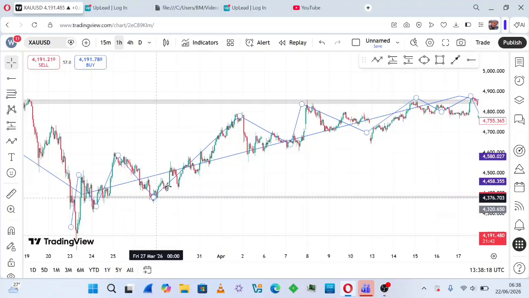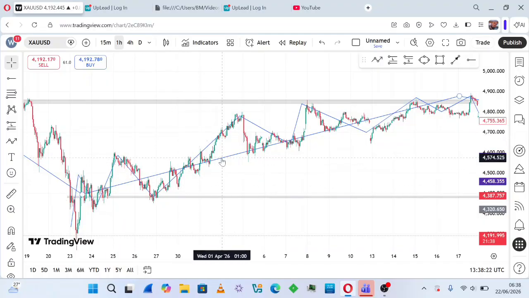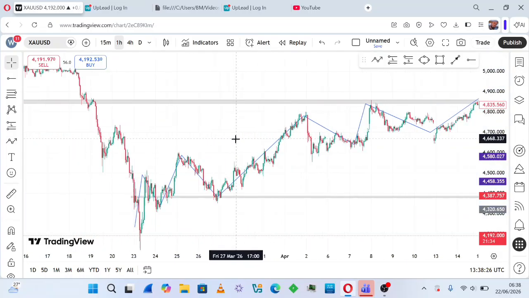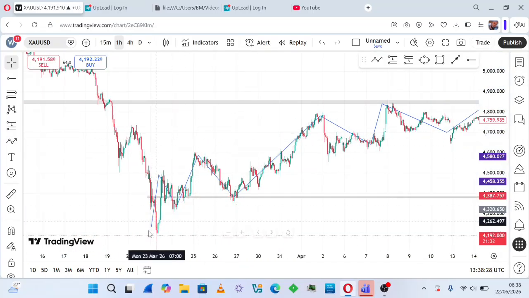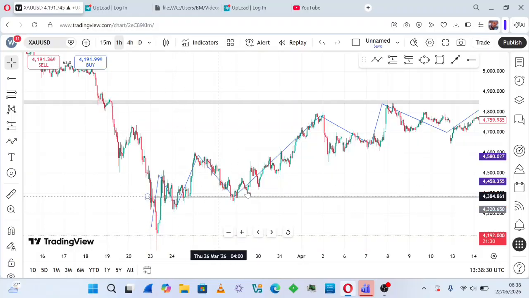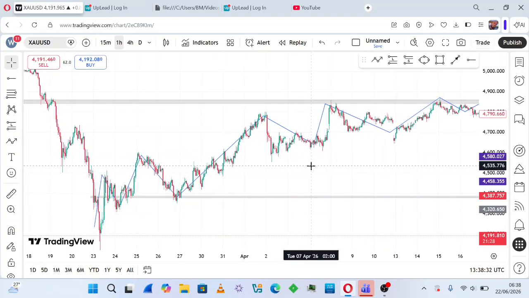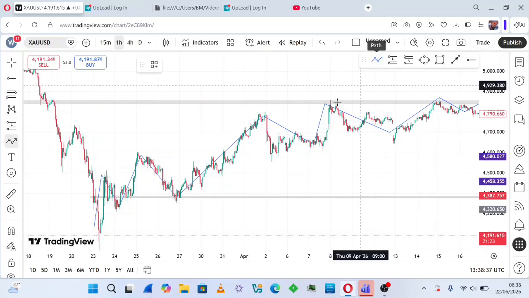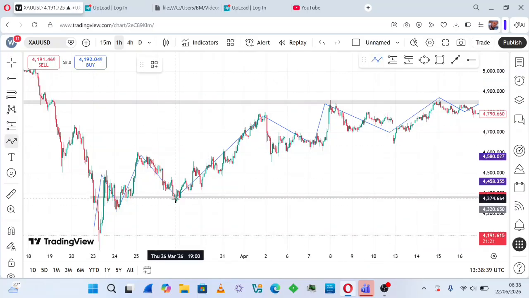Now, this is 4 hours. Let's delete the daily time frame so that it will not be complicated. I know a lot of all these things might be very complicated to you guys. Now, let's start in this place. Inside the 4 hours time frame structure, there's still another smaller structure.